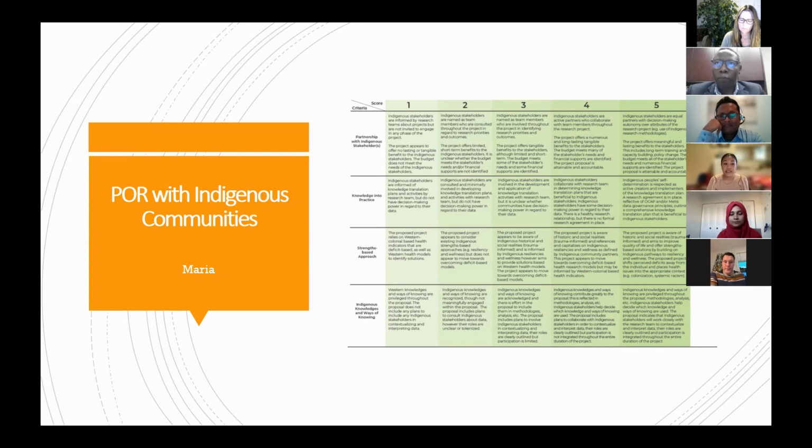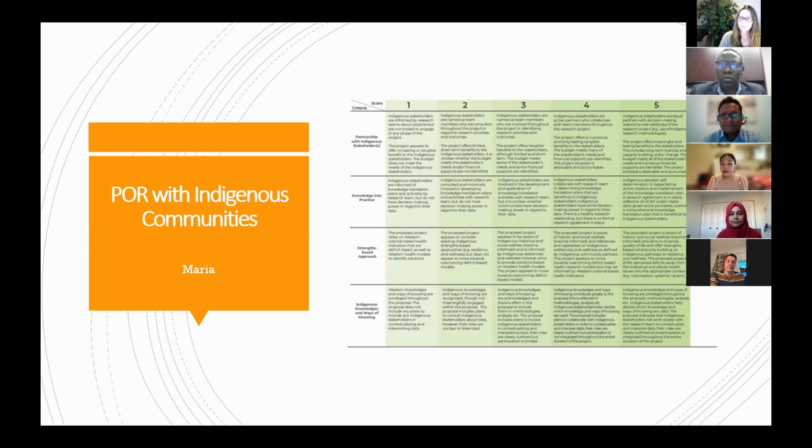In response, the Saskatchewan Centre for Patient-Oriented Research recently developed the IRLET, which stands for the Indigenous Research Level of Engagement Tool. The IRLET measures the degree to which a project meets core criteria in the context of Indigenous communities.